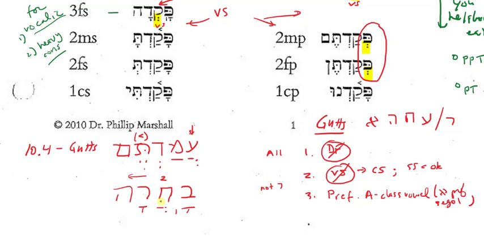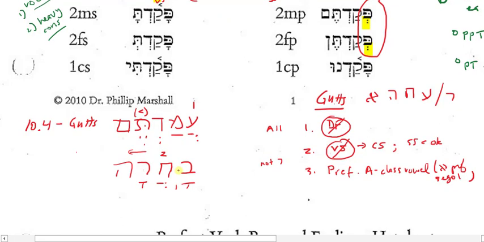So we've seen a guttural in root 1 position. We've seen a guttural in root 2 position. We have a verb now that has a guttural in root 3 position, and it's the verb that we get the great confession of faith from Deuteronomy chapter 6, shama, which means to what? Hear. To hear.